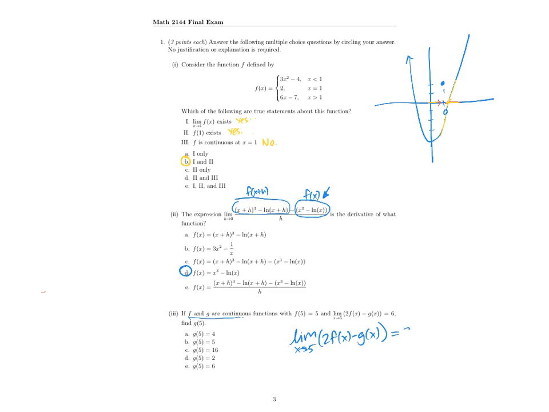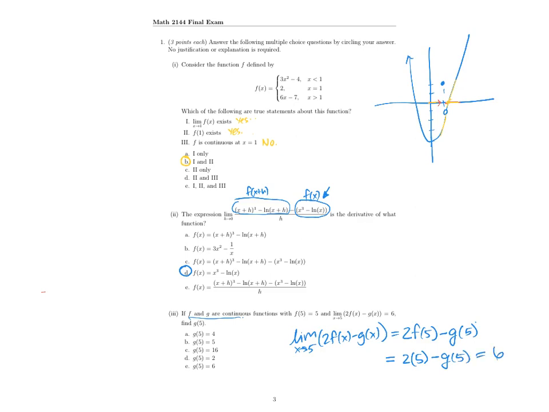So that's going to be 2 f of 5 minus g of 5. And I know that f of 5 is equal to 5. And I know that this limit is supposed to be equal to 6.